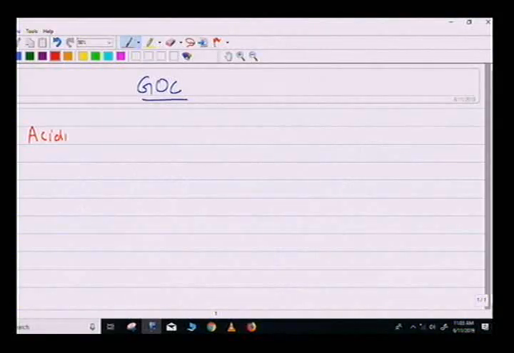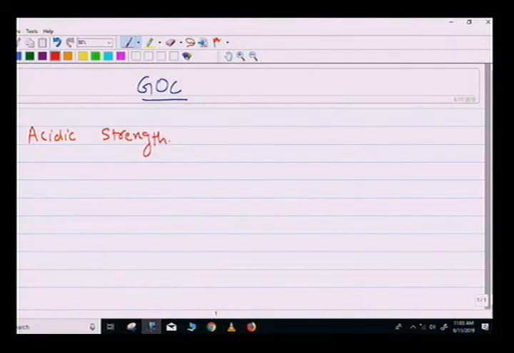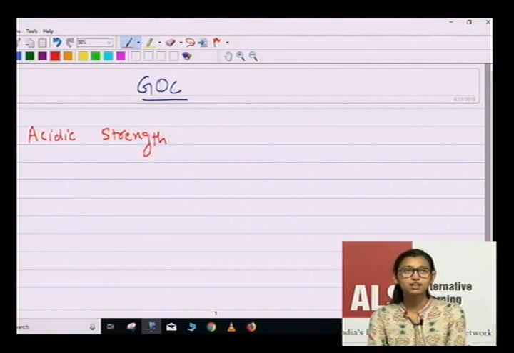I guess in the last class we were talking about the acidic strength, right? Okay, just tell me one more thing. How many of you are regularly revising your chemistry notes and solving the questions? Raise your hands.